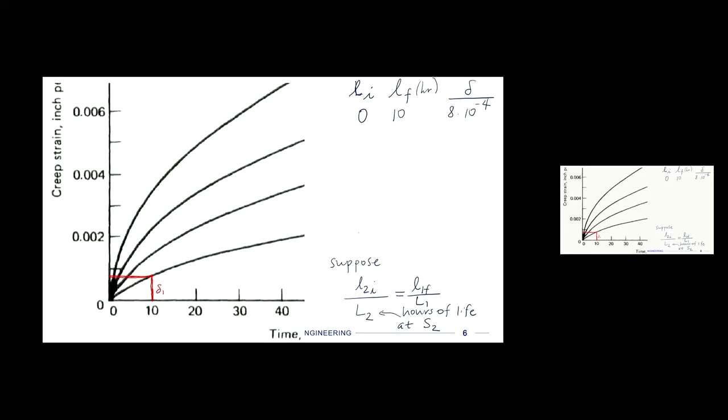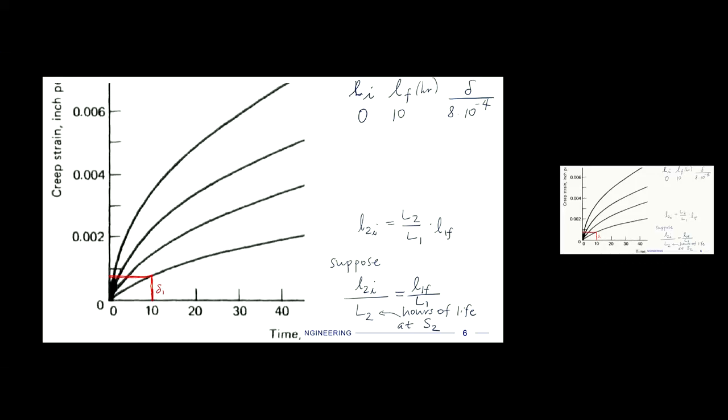So L2I, that's where we're starting next time, is equal to the ratio capital L2 divided by capital L1 times where we ended up last time, our little L1F. So we use the first phase to calculate where we start the second phase. Okay.